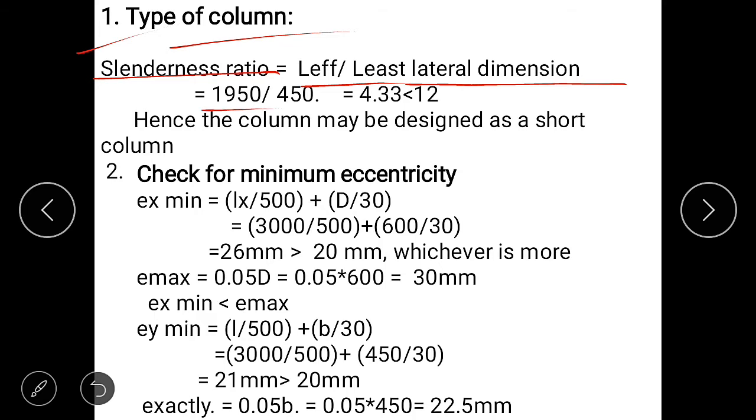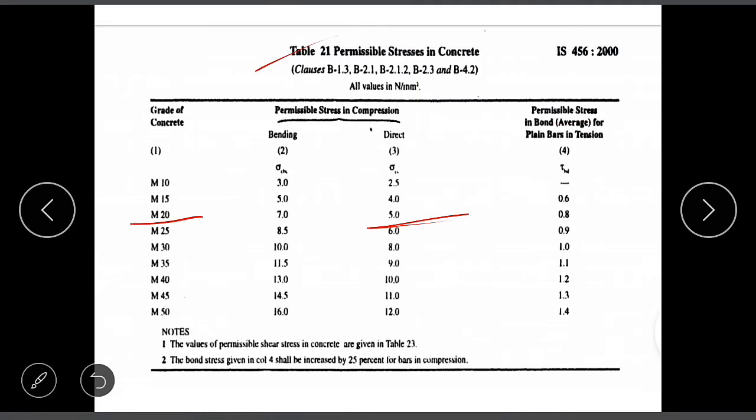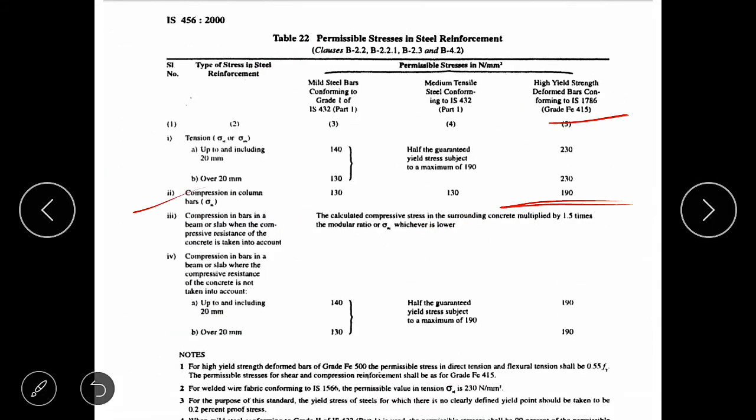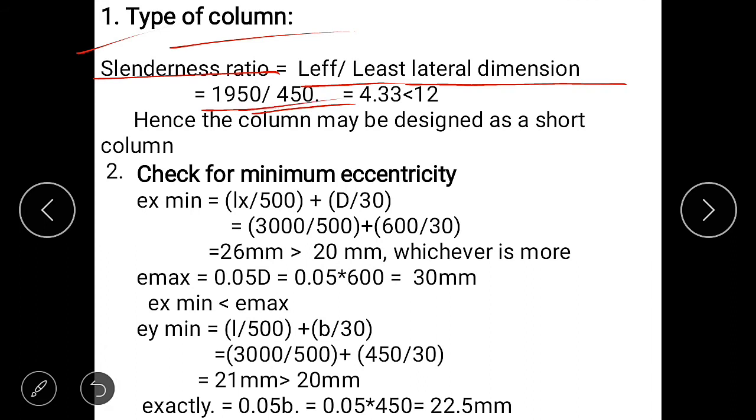Of 450 by 600, whichever is less, 450 is less, so use least dimension 450. 1950 divided by 450, the ratio is 4.33, which is smaller than 12, so the column may be designed as a short column because the slenderness ratio is smaller than 12.